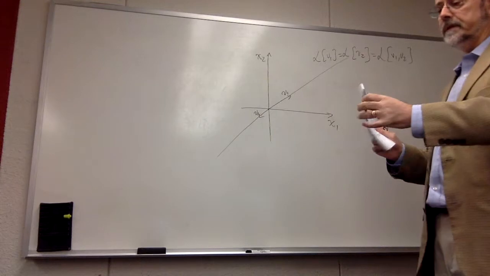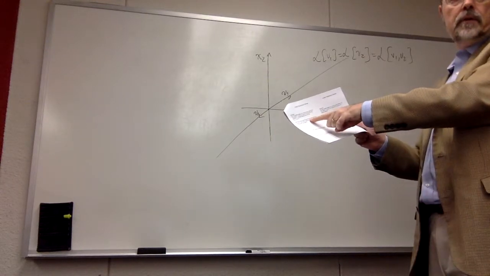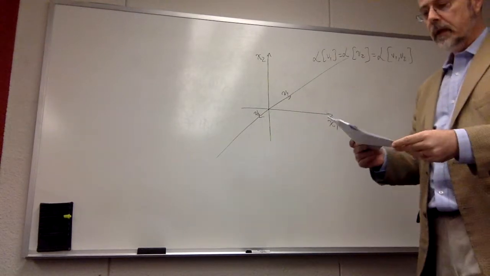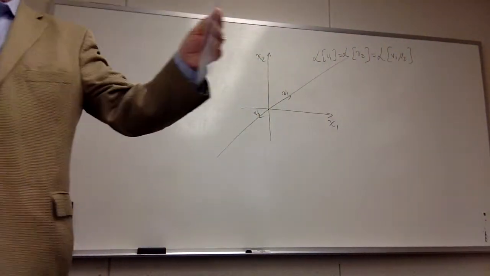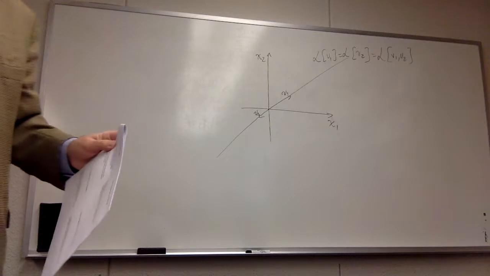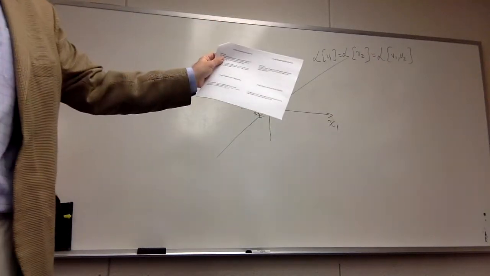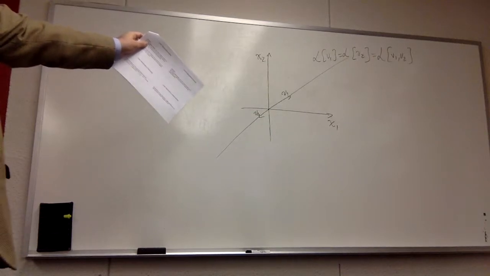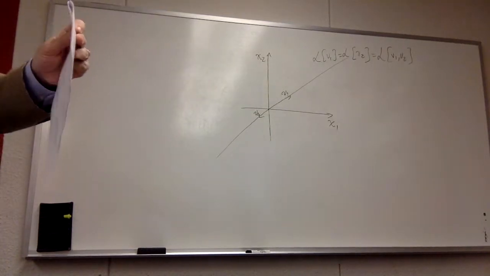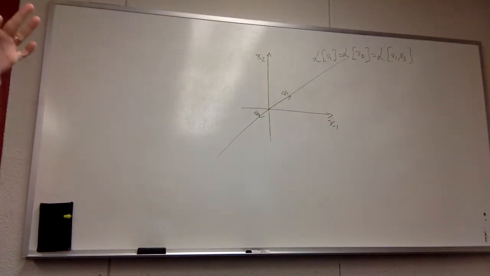It's in the third piece of paper, top left. Let's read the definition. Let n be a positive integer. All of these definitions work for any dimension space. The only reason I keep n equals 2 here is so I can make you a picture. But the definitions are perfectly good for any dimension.